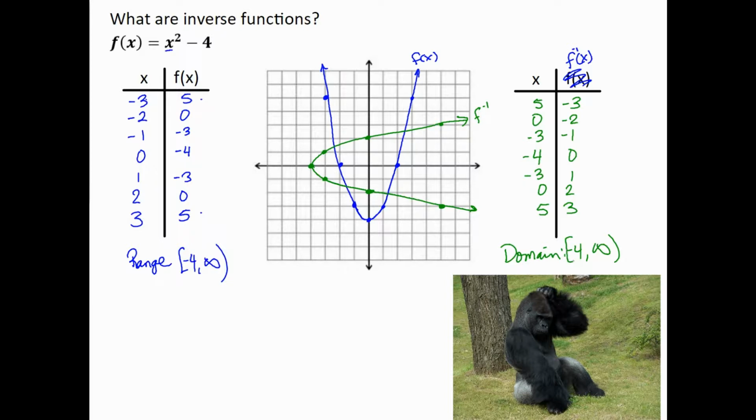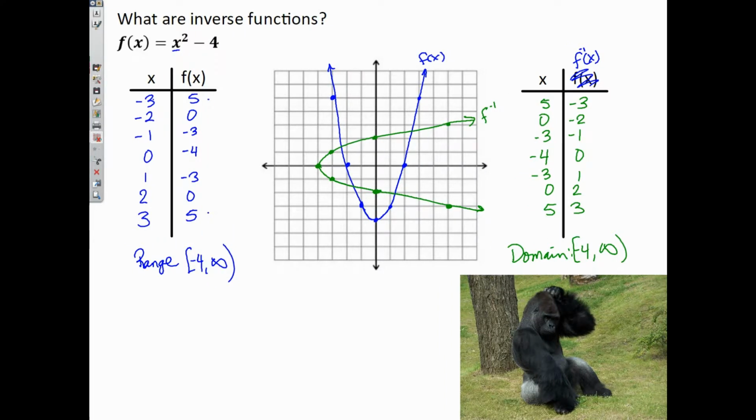So the range and the domain literally switch. If you're looking at your graph and you see there's some symmetry happening there, you are correct. It is symmetrical across the line y equal to x.